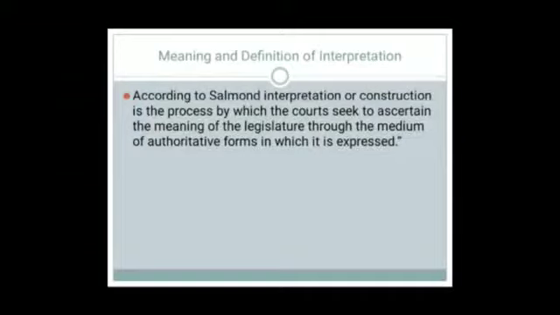According to Salmond, interpretation or construction is a process by which the court seeks to ascertain the meaning of the legislature through the medium of authoritative forms in which it is expressed. So, the object of interpretation of a statute is to determine the intention of the legislature, which is conveyed expressly or impliedly in the language that is used.